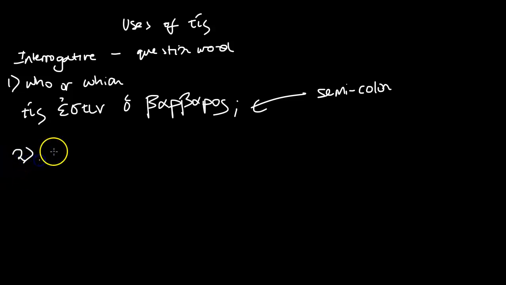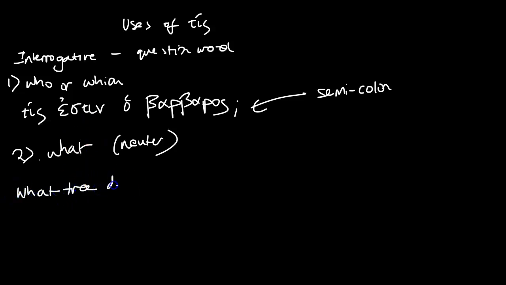Okay, so the second use we're going to talk about is meaning what, and that is, of course, when it's neuter. So, for example, in the sentence, what tree did you cut down?